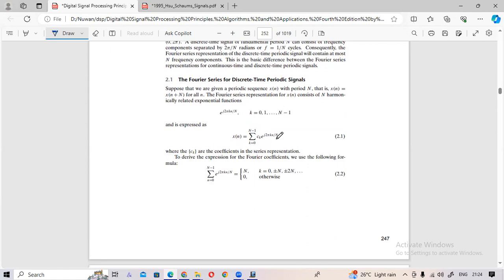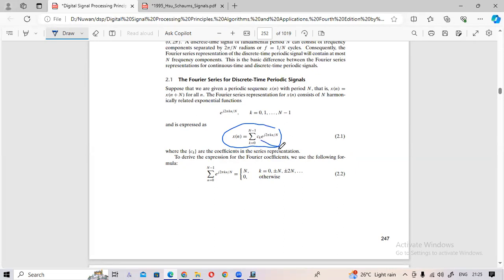You can see that the discrete time signal can be represented as a collection of complex exponential signals with this weightage. These are the Fourier series coefficients. But here it is not from minus infinity to plus infinity, it is from 0 to N minus 1, where N is the period. That is enough.